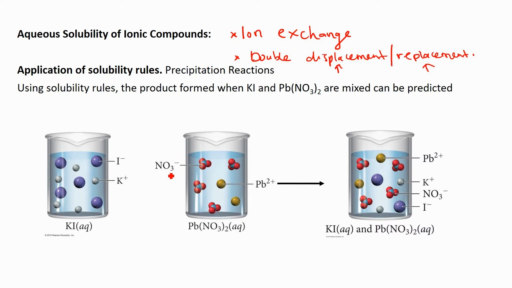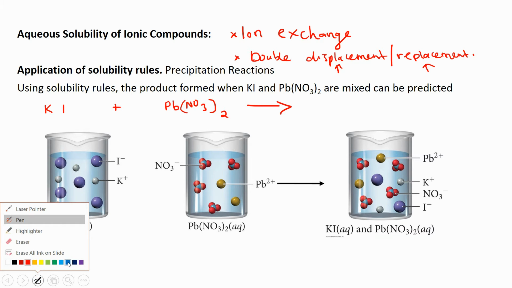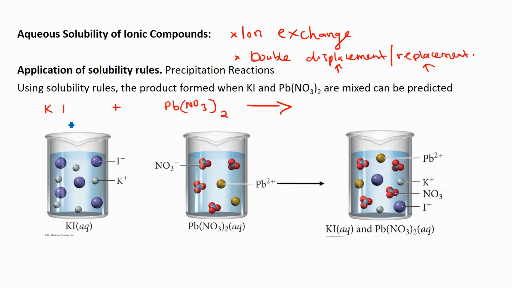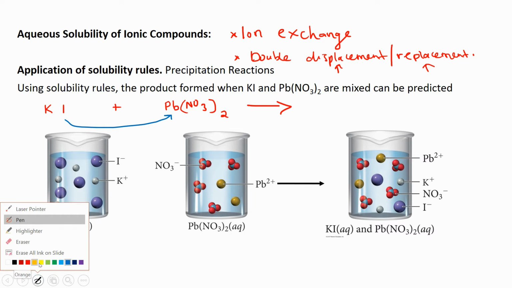We are saying double because you have exchange of ions. If you take KI and react it with lead nitrate, there's gonna be an exchange, as you'll see in the next slide. The I goes with the lead, and then the potassium goes with the nitrate.